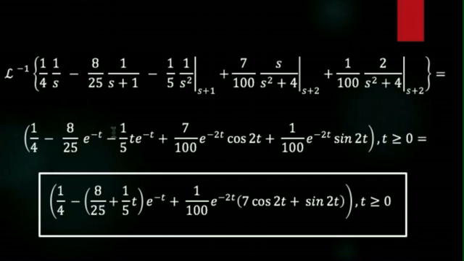In this part we have a direct formula, because we have the factorial of alpha, where alpha is 1, and we have minus 1 over 5 multiplied by t times exponential of minus t.